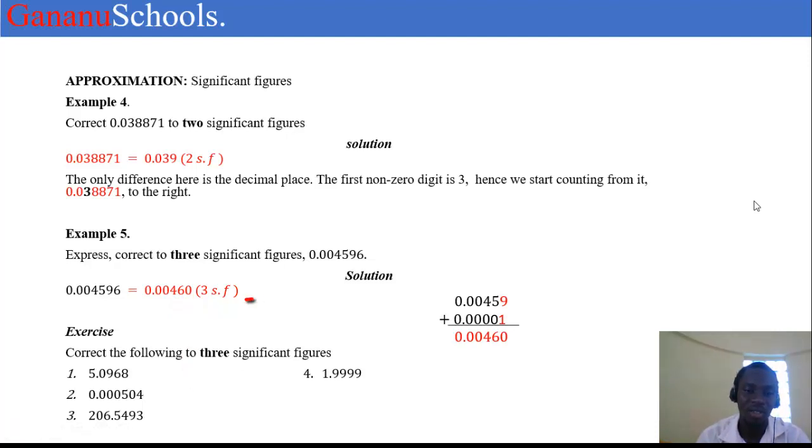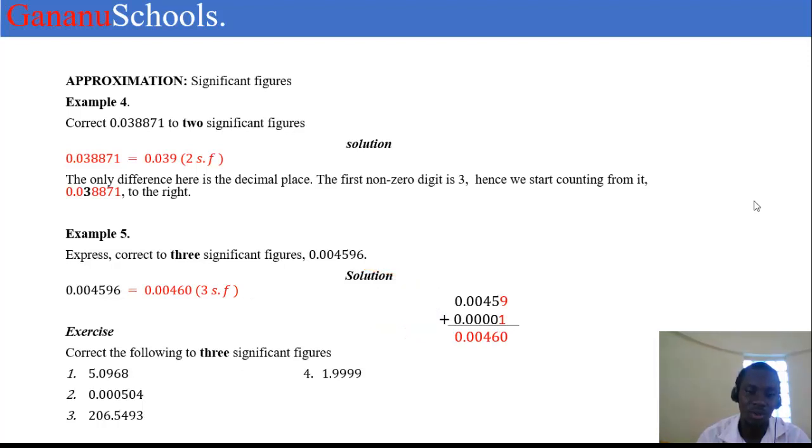When we run up this 6, which is more than 5, and add 1 to the 9, we have 10. So we have to run up again, giving us 6, by adding 1 to the 5. Now try this exercise, and I will advise you to pause the video and continue after the exercise.